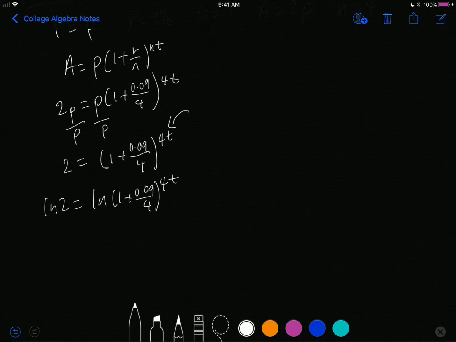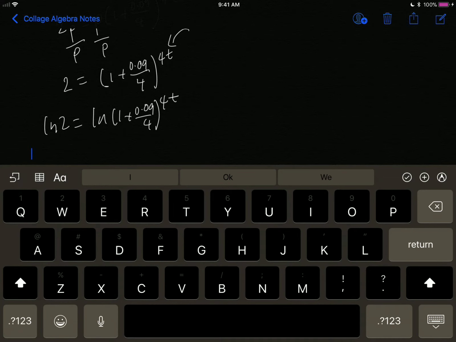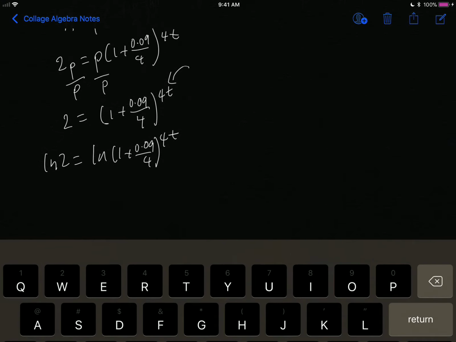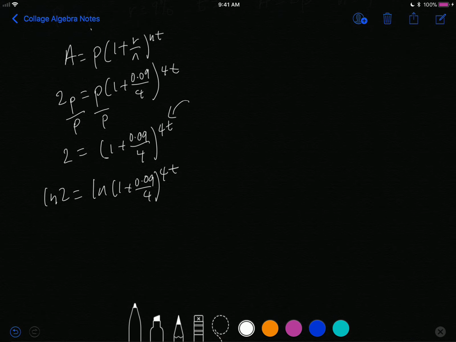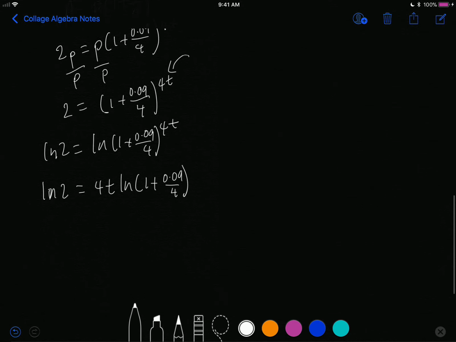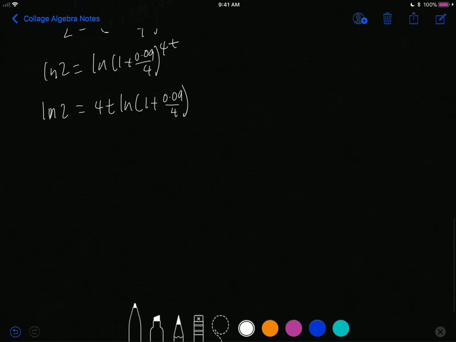With that being said, I can then bring the 4t down, and so that will be ln of 2 is equal to 4t times ln of 1 plus 0.09 divided by 4. And then to go ahead and solve for t, I have to divide by everything that is not t.